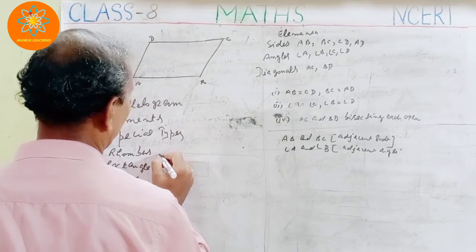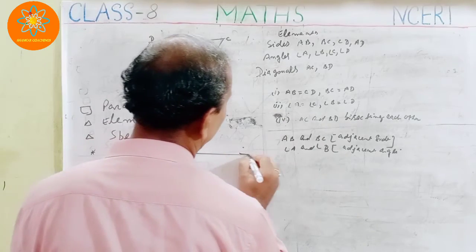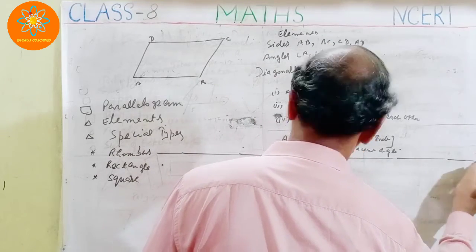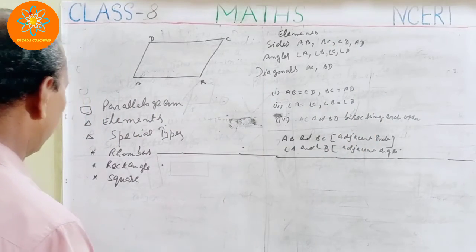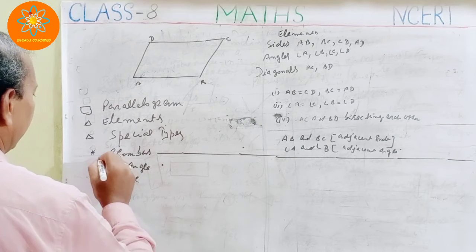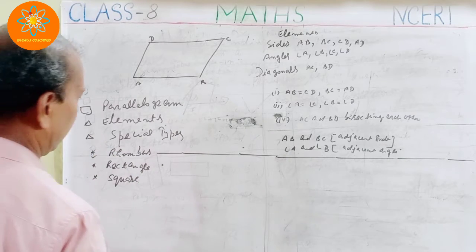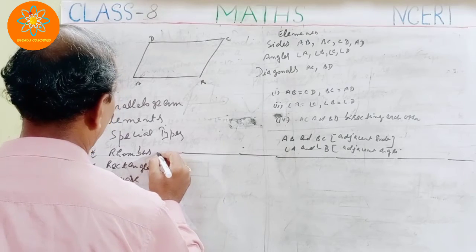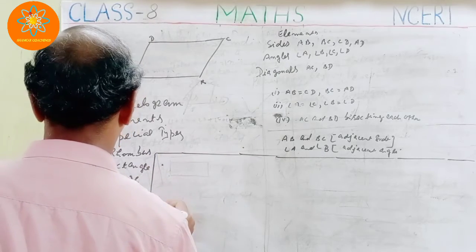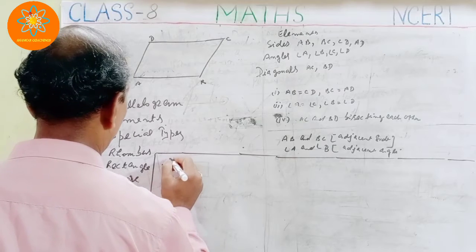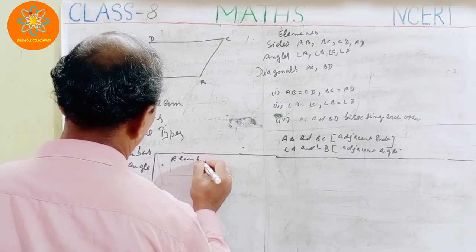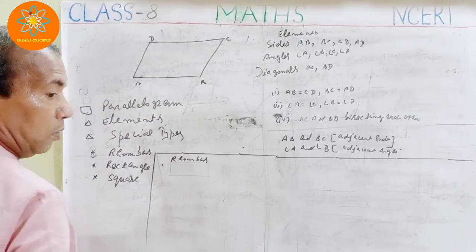Now we will discuss the types. What are the types? In the types, I will see the rhombus first.